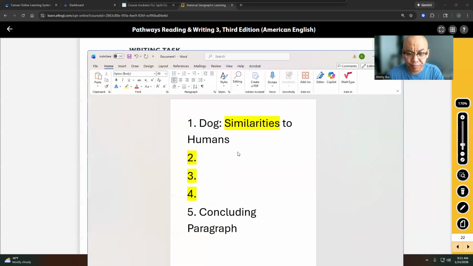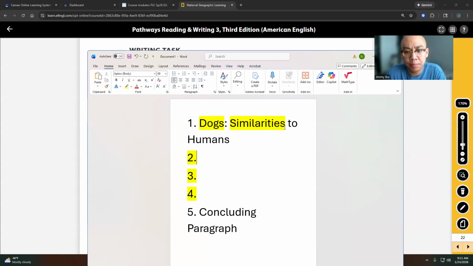So what is a main idea? Our focus is going to be dogs, which are the animals that I choose, and similarities. Very important in an essay, you don't want to go off on too many ideas. It has to be organized. Your ideas have to be organized and focused.